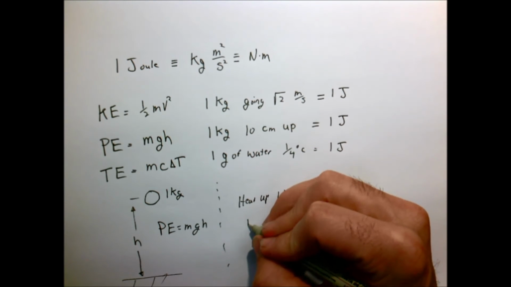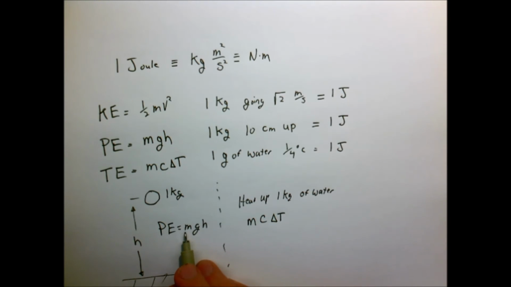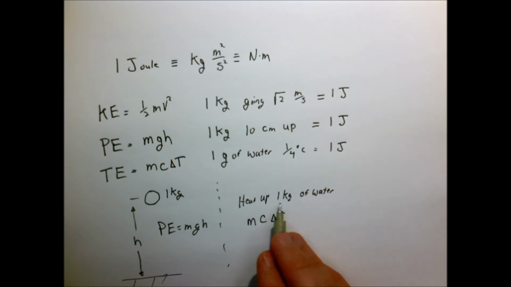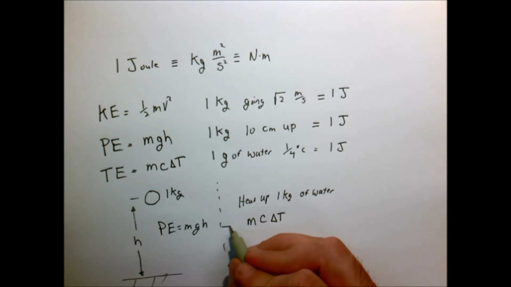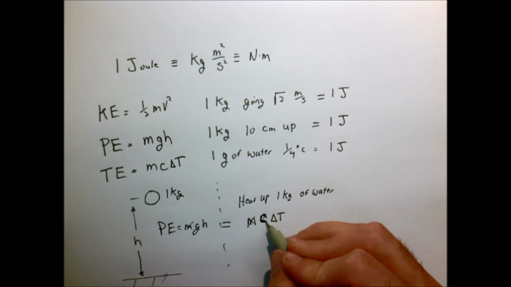So that's going to have to equal mc delta T. Here we have a kilogram, here we have a kilogram. So when I equate these two things, the mass ends up canceling. Sorry, the mass, not the specific heat.